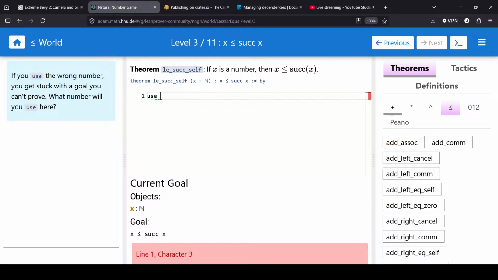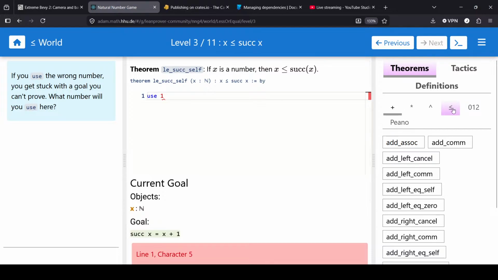Wait, what if I just use 0? What happens? Okay, so that shows me succ x equals x plus 0. So I guess it's got to be 1, right? I think that makes sense to me.